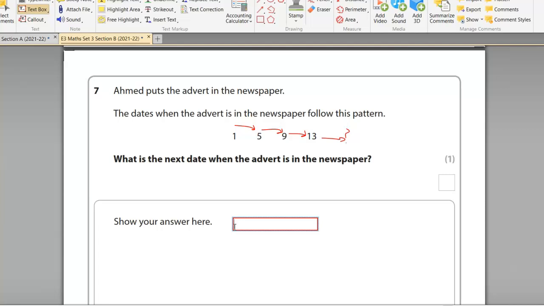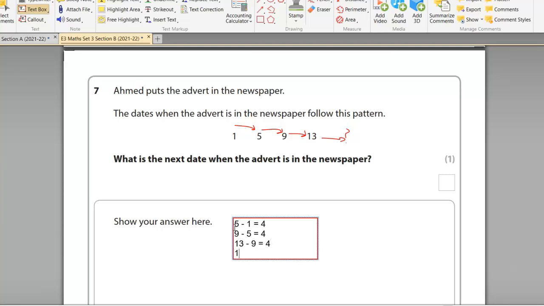And we've got to say what the next number is going to be. So you might just be able to spot that anyway, but if you can't, just look at the difference between the two numbers. So for example, if you did 5 take away 1, that gives you 4. If you said 9 take away 5, that gives you 4. If you did 13 take away 9, that gives you 4. So you can see the pattern is that every new number is going up in 4s.